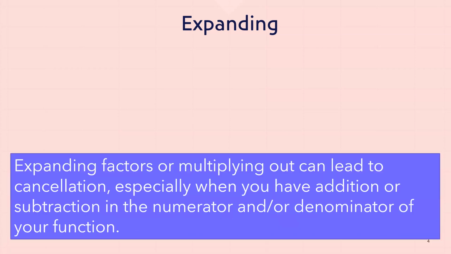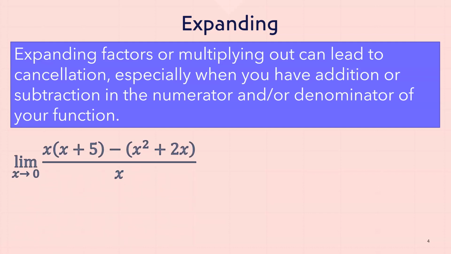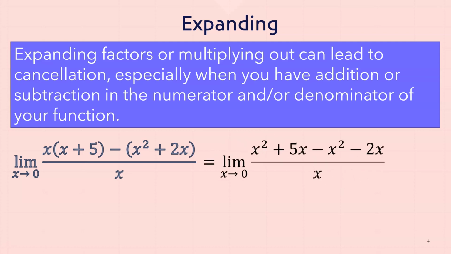Okay, now next, instead of factoring, you'll go in reverse. Sometimes you do have to expand so that you can cancel. For example, when you have this problem here, when you distribute the x into x plus 5, you'll have x squared plus 5x, and then distribute the negative, multiplying by -1. You'll have minus x squared minus 2x, all divided by x, and we will see that this is gone.